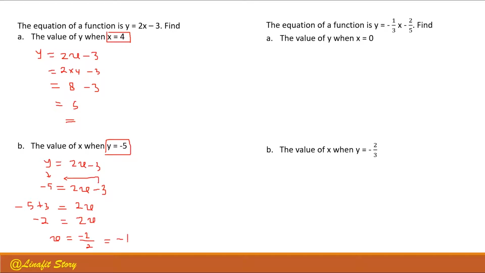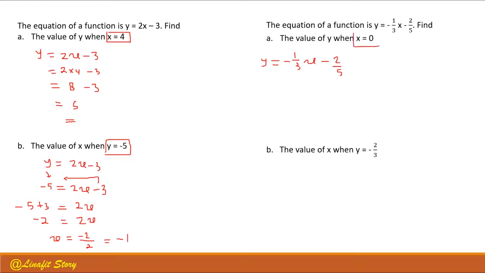Next, the equation of a function is y is equal to negative 1 over 3 x minus 2 over 5. Find a, the value of y when x is 0, and the value of x when y is negative 2 over 3. So we write the equation first. y is equal to negative 1 over 3 x minus 2 over 5.